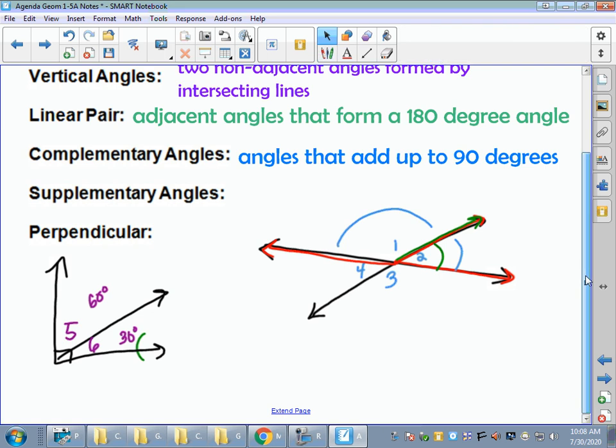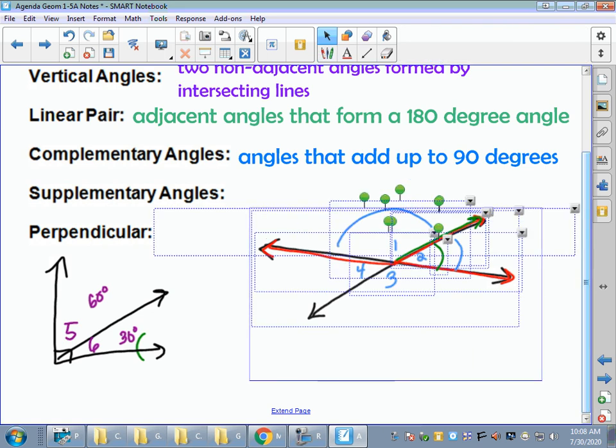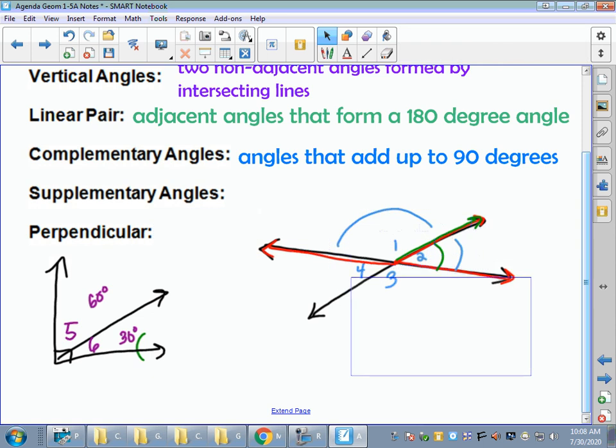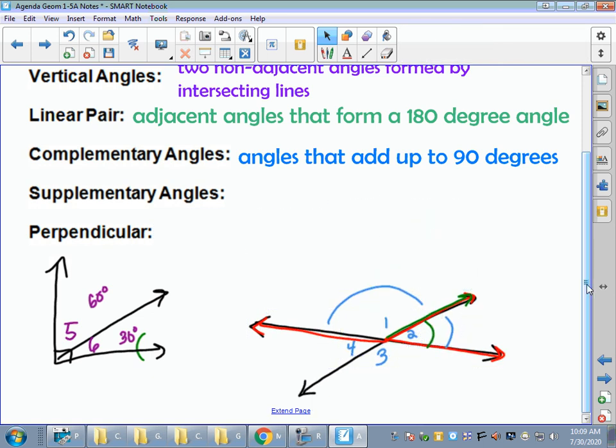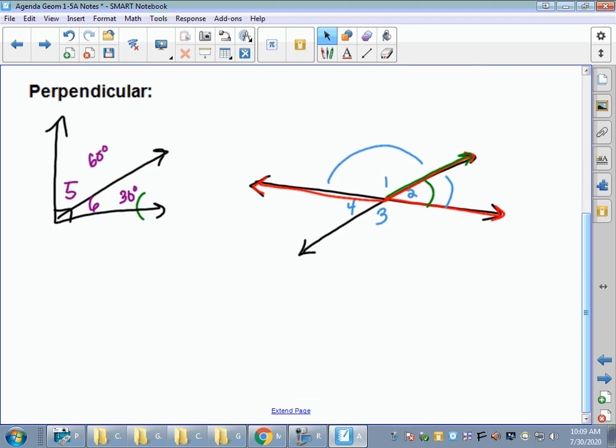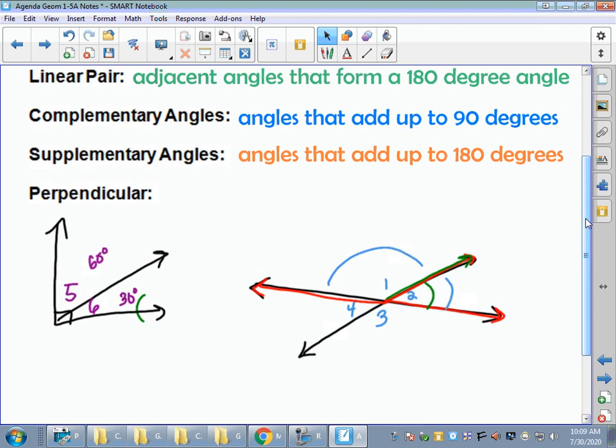Supplementary angles are going to sound a lot like a linear pair. Let me scooch that down now that we're a little farther. Supplementary angles are angles that add up to 180 degrees. The only difference between a linear pair and supplementary angles is that a linear pair has to be adjacent.